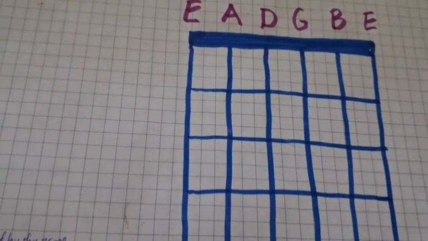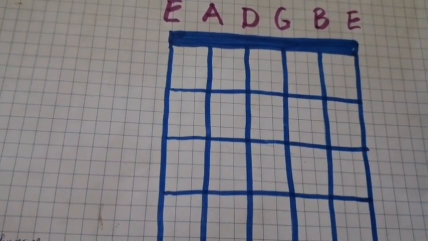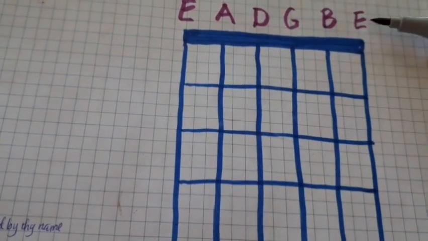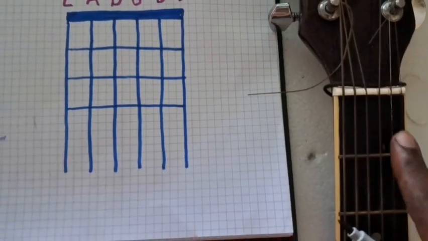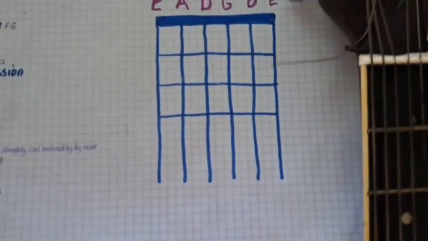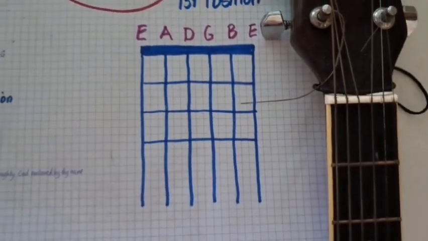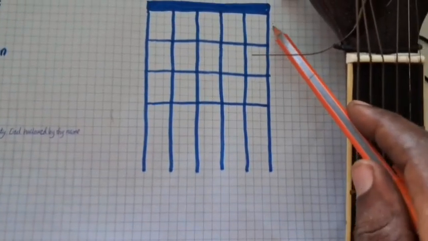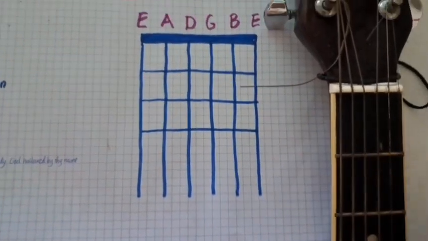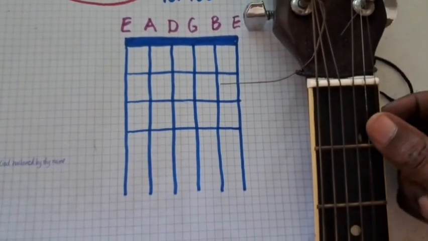Okay. Now, we're going to use this to demonstrate how it relates to here. Without touching it, this is E. So this is our E without touching.